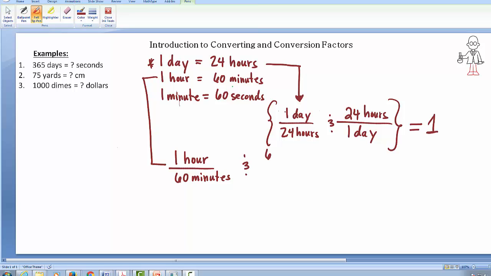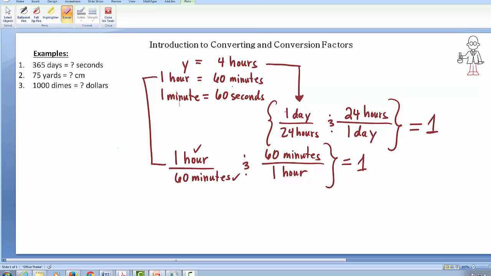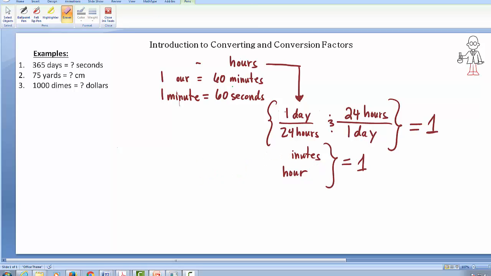And the same would be true 60 minutes over 1 hour. Both of these as well are equal to 1. The only thing that's different is our units that we will be left with after we do the conversion. So let's set this problem up and go through it step by step.